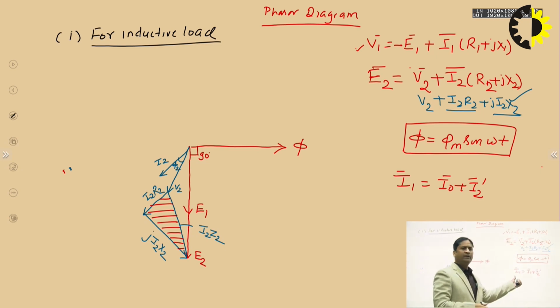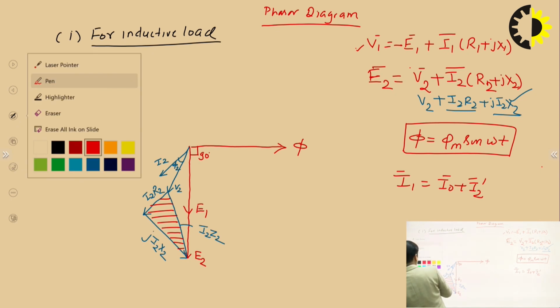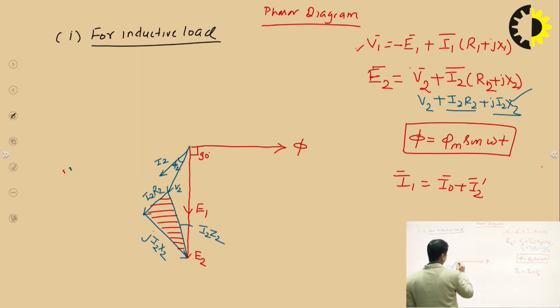So when the load is connected, the primary current is equal to the no load current plus the load component of the primary current. So this is the primary current. Now I0, we all know, is the no load current, and it is something like this.